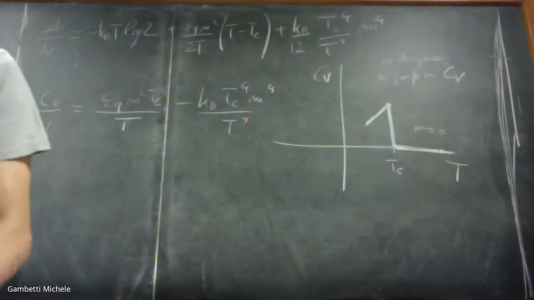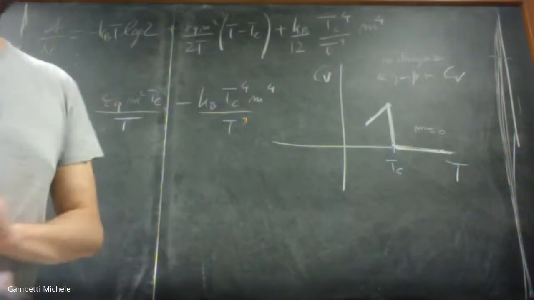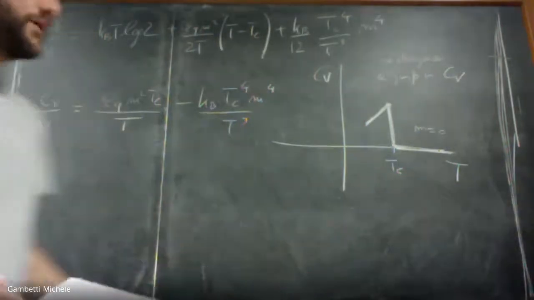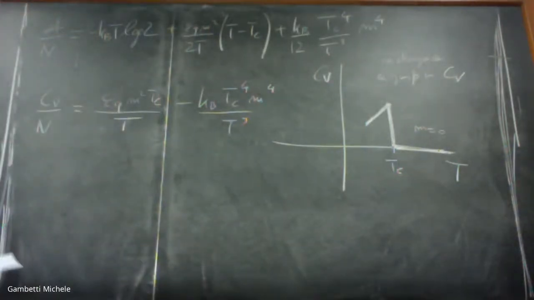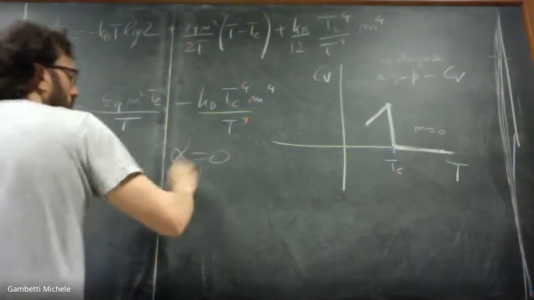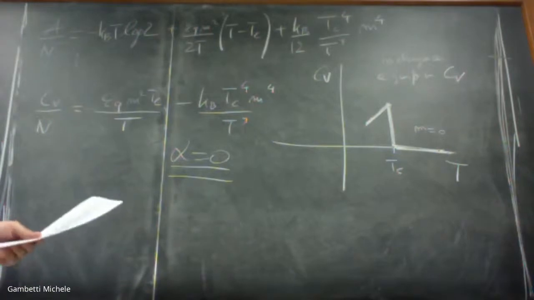Whereas, as I said before, in the two-dimensional Ising model, there is a logarithmic divergence, whereas for the three-dimensional Ising model, I have a divergence, actually. So alpha is different from zero. Now, the last critical exponent, so this alpha is equal to 0, the last critical exponent is the one associated with the equation of state.